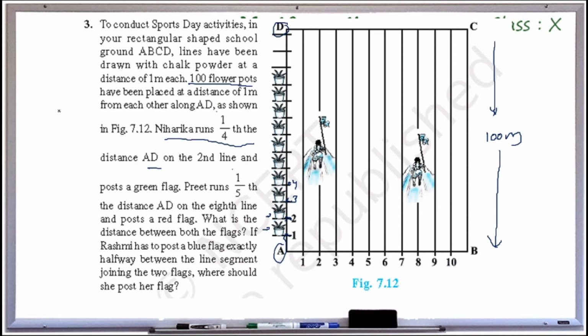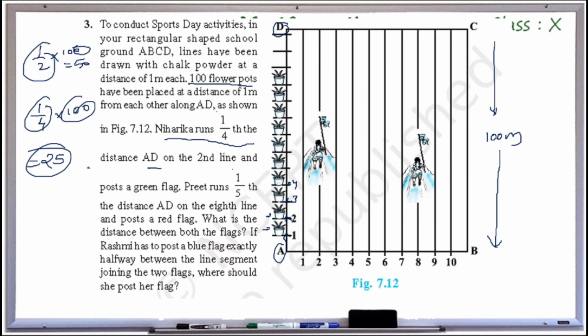1/4 means quarter. So 1/4 of 100 is equal to what? Simply divide 100 by 4, you will get 25. Half of 100 is equal to 50. Likewise 1/4 of 100 is equal to 25.